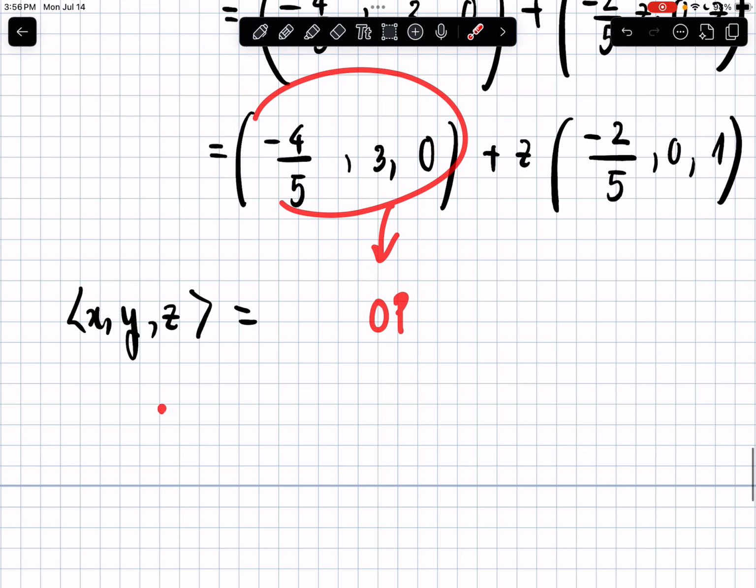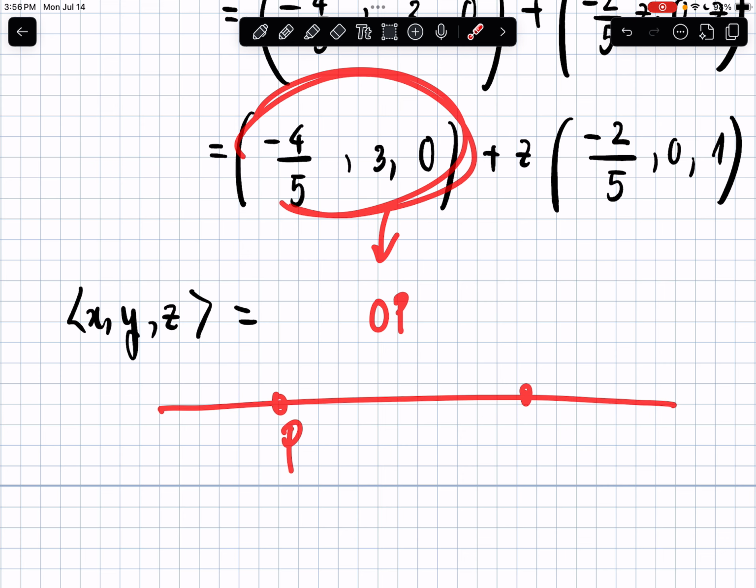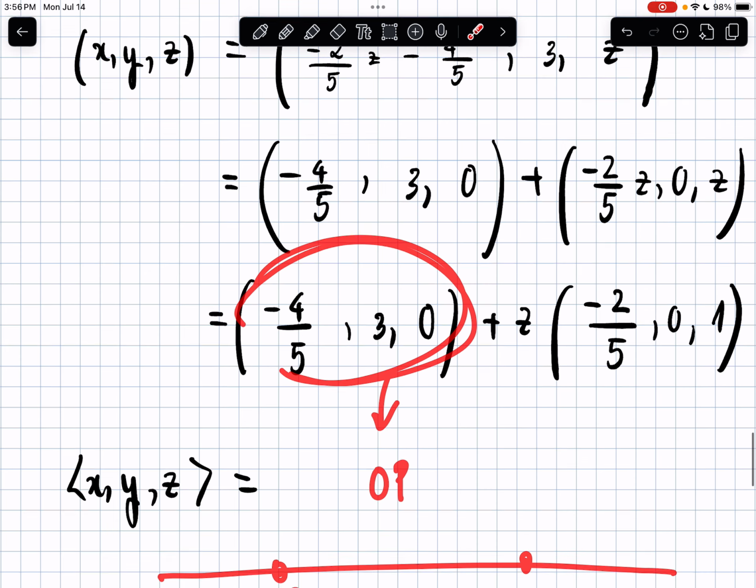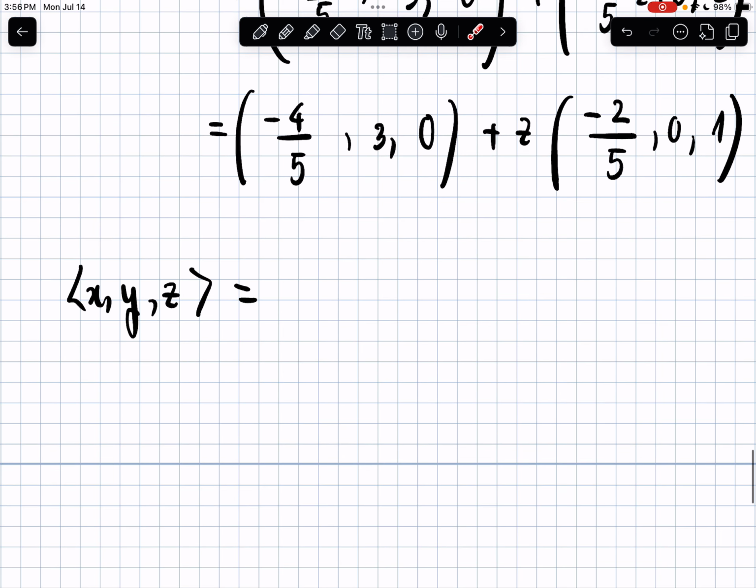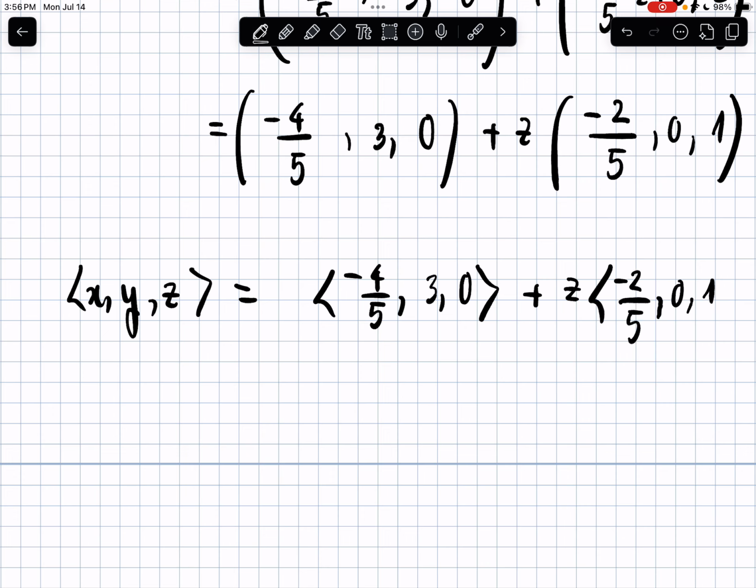If we think about the line, it has point P here, with these coordinates, and Q corresponds to the point x, y, z. So this is vector OQ, this is vector OP. Minus 4 by 5, 3, 0, plus z times minus 2 by 5, 0, 1. And we can think of z as a parameter.